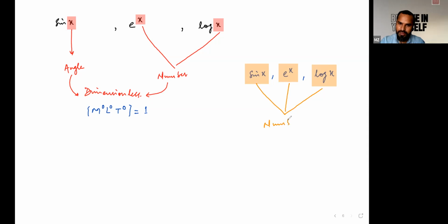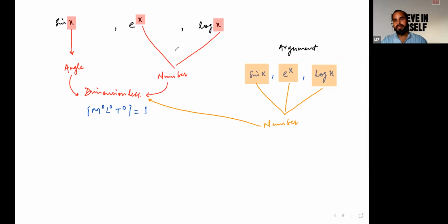So these three would also define a number, and a number again would be dimensionless. So whether this particular angle or this particular whole value, these two would define nothing but a dimensionless quantity. In terms of mathematics, we call these terms the argument.